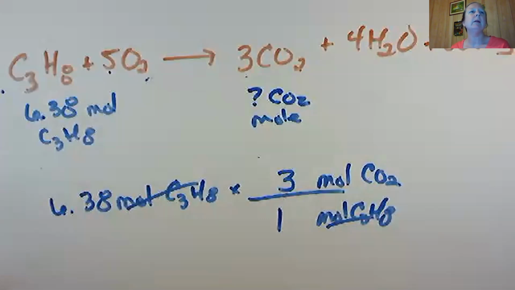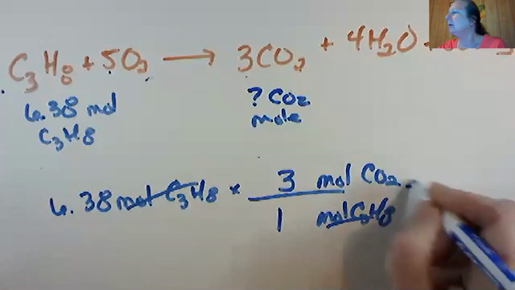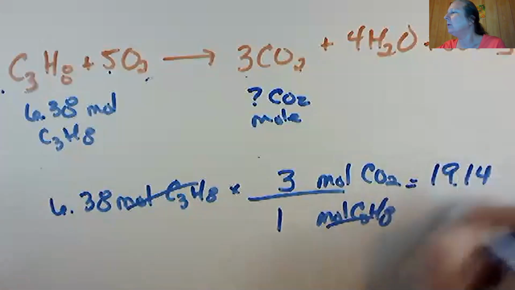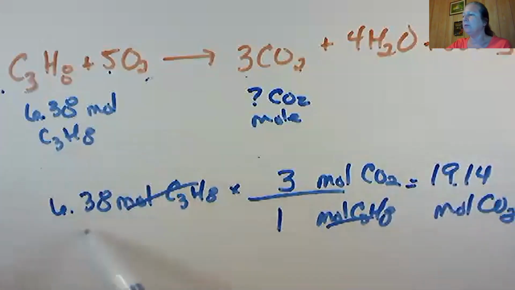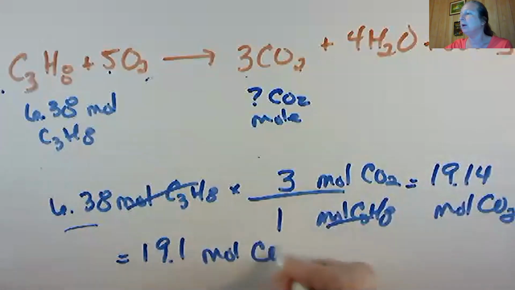All right, let me get my handy little calculator. So 6.38 times 3 is 19.14 moles of CO2. I have 3 sig figs. This does not count. So my answer will be in 3 sig figs. So it'll be 19.1 moles of carbon dioxide are produced.